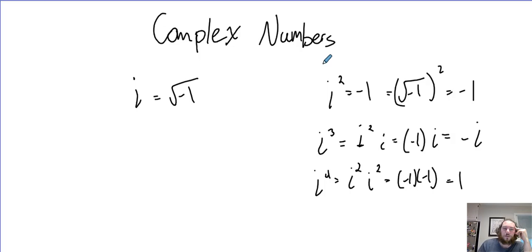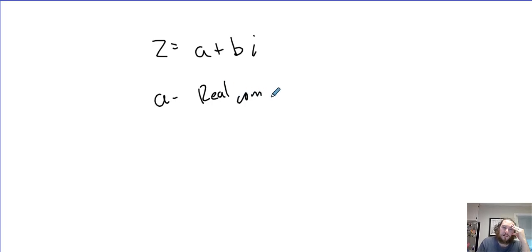So because complex numbers are thought of in terms of their real and their imaginary components, we write them that way as well. We would write a complex number z as a + bi, where a is the real component of our complex number and b is the imaginary component of our complex number.